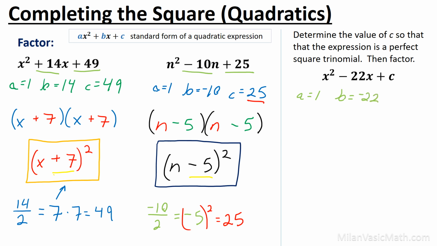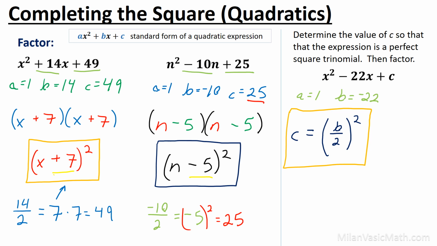So the formula to get the c value, I'll write it down, is that c equals (b divided by 2) squared. So keep that formula in mind.